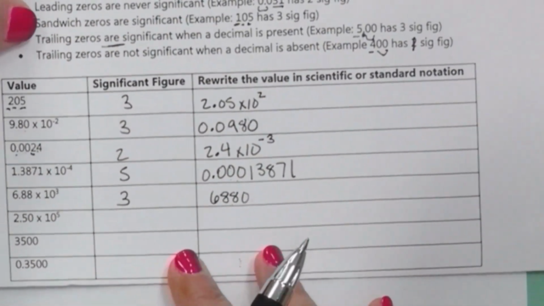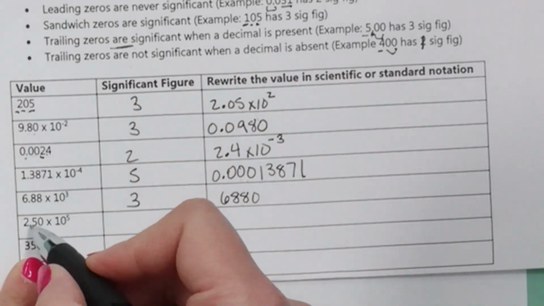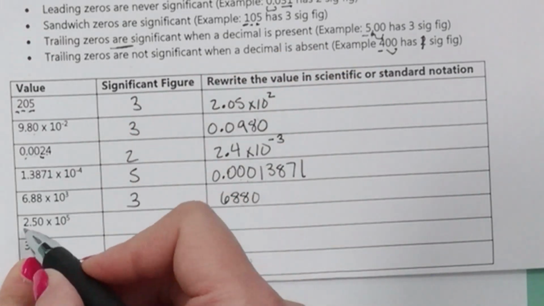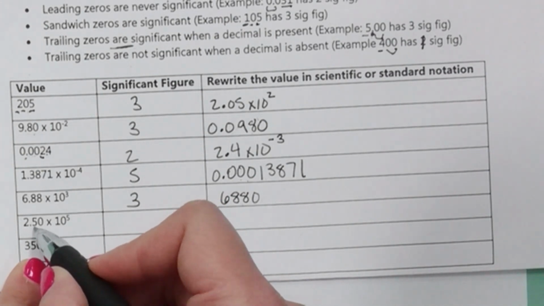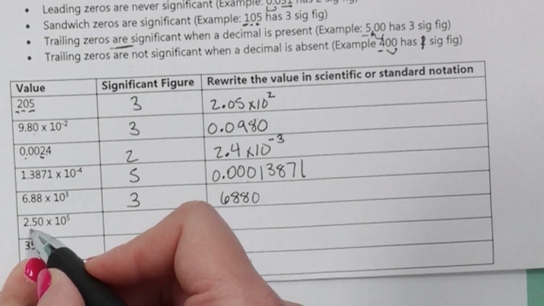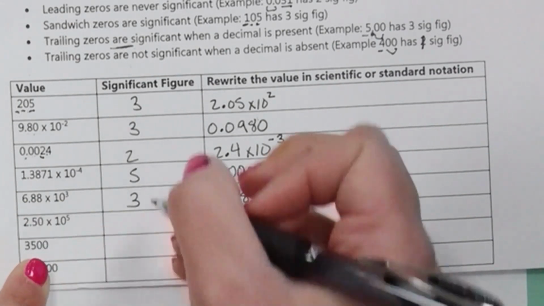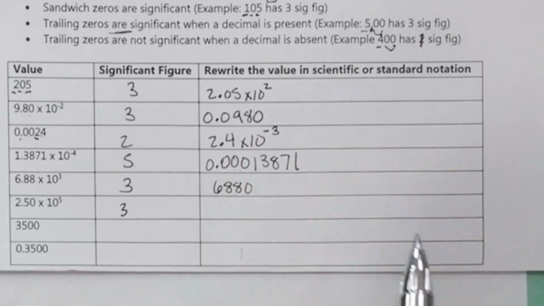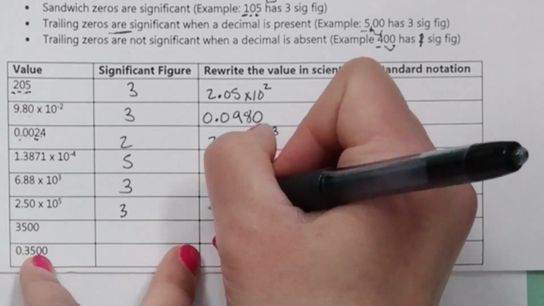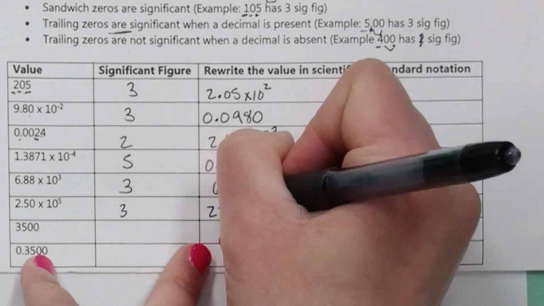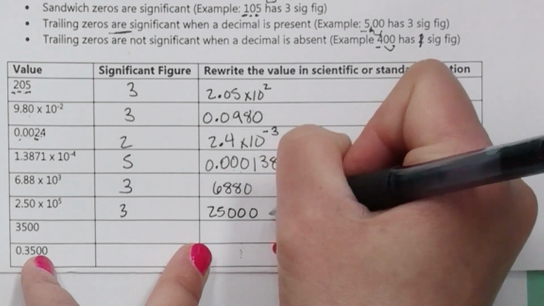All right, let's do a couple more examples. 2.5. Those are non-zero values, so those for sure are significant. Now this 0 is locked in by a whole number and a decimal. This 0 is significant. So I have 3 total significant figures, and if I take it out of scientific notation, that's going to be 2, 5, 0, 0, 0.